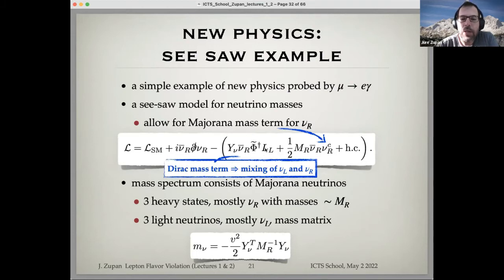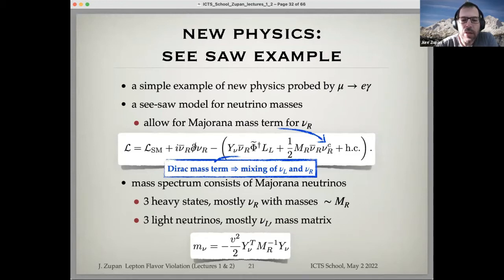So the seesaw here has the structure of a mass matrix in the right-handed sector, and then there is mixing between the left-handed and right-handed neutrinos. We'll assume that this MR is much bigger than the Yukawas. In that case, the mass spectrum will consist of the following. In all cases, this will be 6 Majorana neutrinos. If I assume that MR is bigger than what you get for the Dirac matrices, we'll have 3 heavy states, which will be mostly right-handed neutrinos, and they'll have masses of order MR when you diagonalize it.